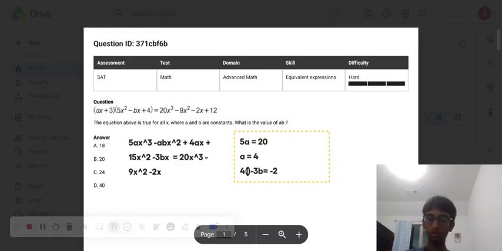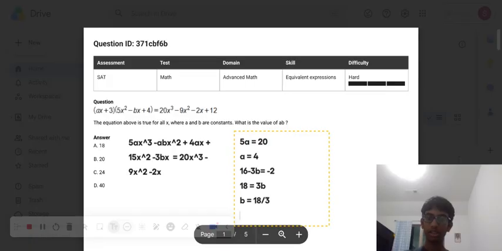You know that a is equal to 4, so 4 times 4 is 16. 16 minus 3b should be equal to negative 2. So then that would be 18 should be equal to 3b, right? And that would mean that b would be equal to 18 over 3.